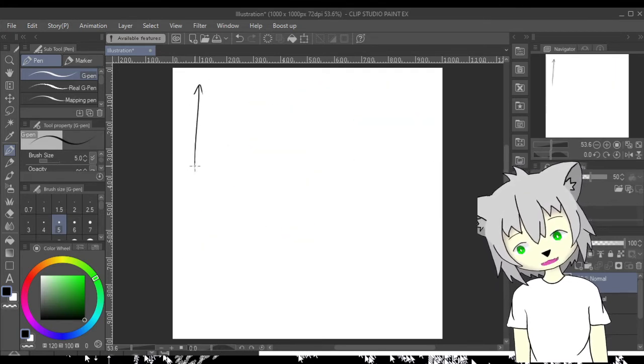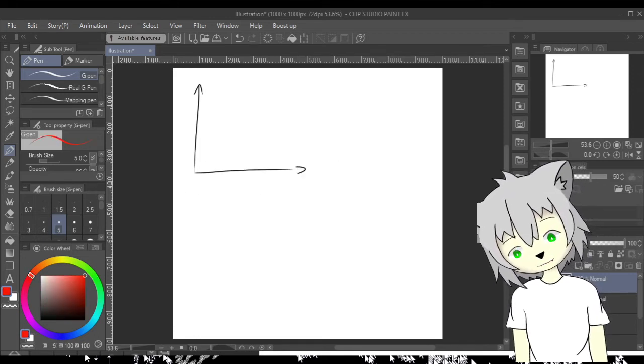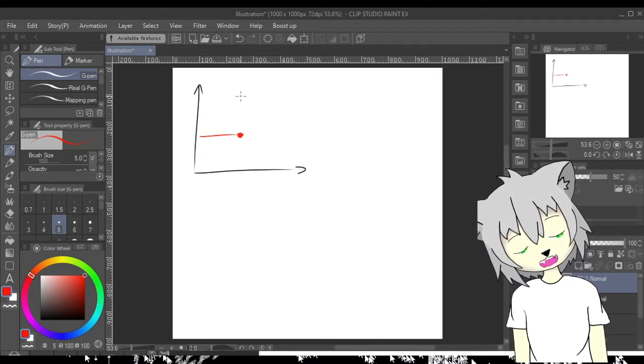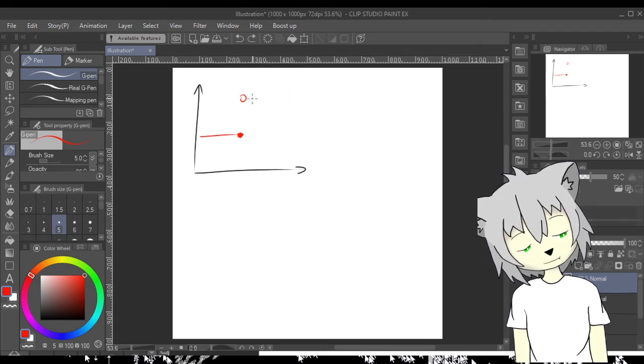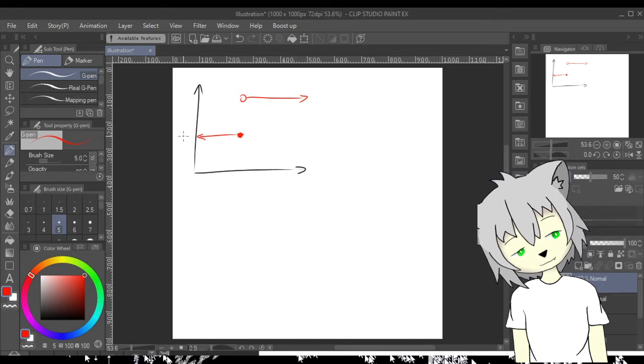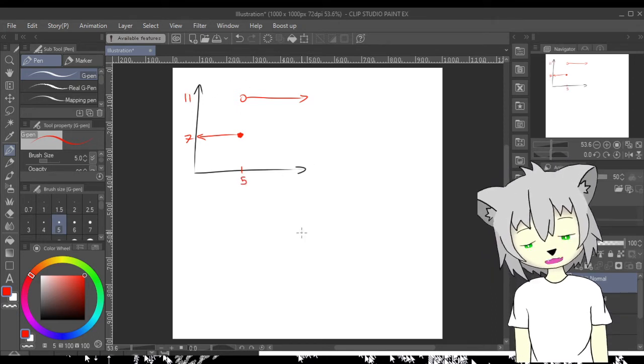Let's do the same type of equation, but slightly different in value. So we have this, the bottom part is defined, but the top part isn't. We'll set this to 7, and we have this set to 5 again. This can be set to 11.